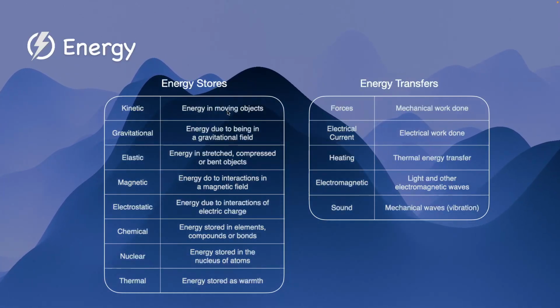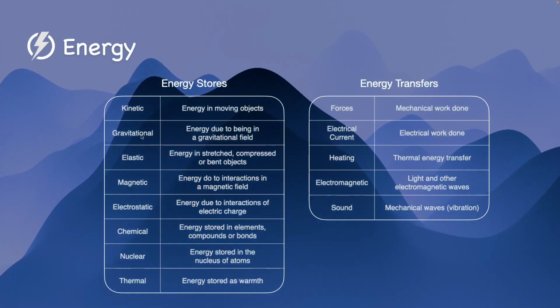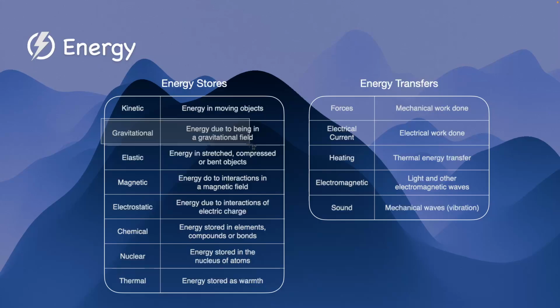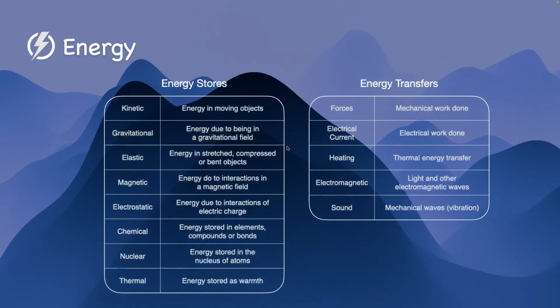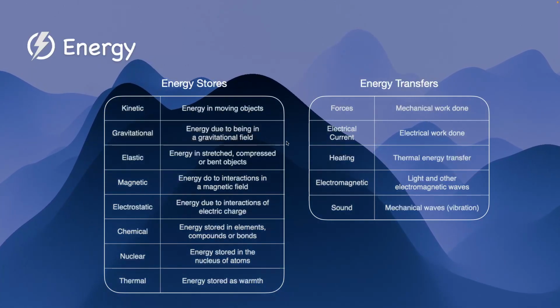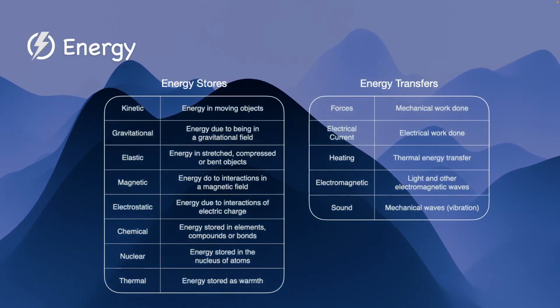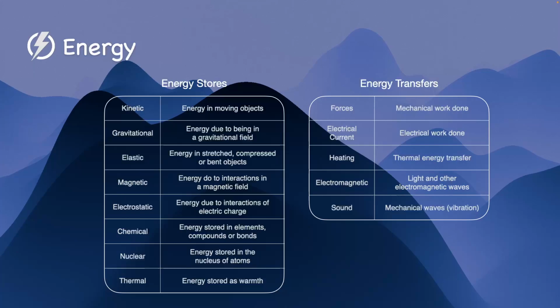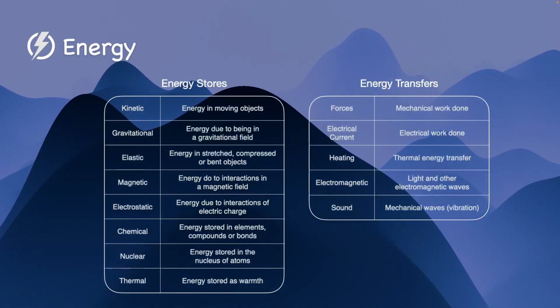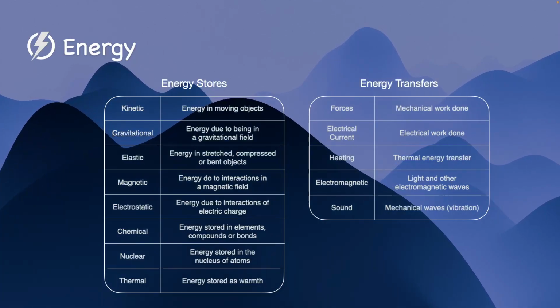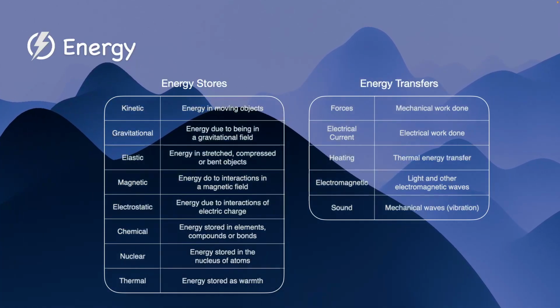The formula for this is half mv squared, but we'll look through all the formulas later. The gravitational potential energy is when an object is in a gravitational field, but it isn't moving down. So for example, if there's an airplane high up in the sky, it has tons of gravitational potential energy because it is far from the ground, but the gravitational field does act on it.